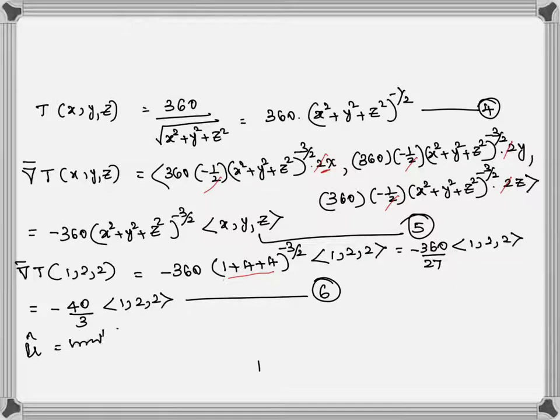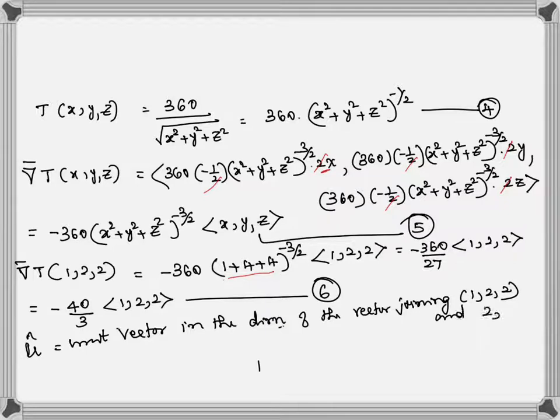Then the unit vector in the direction of the line join of 1, 2, 2 to 2, 1, 3. So we have to take the vector join of these two and then divide by the length of the vector. That's how we make it unit vector. So unit vector is a vector of length 1.